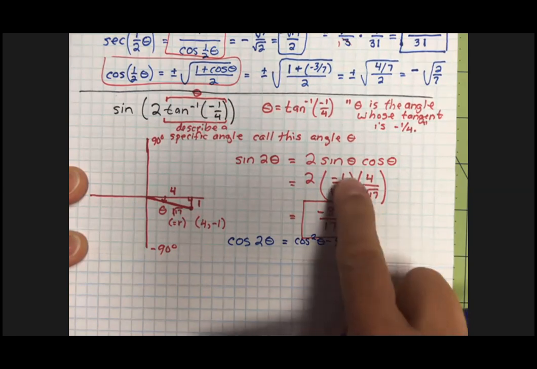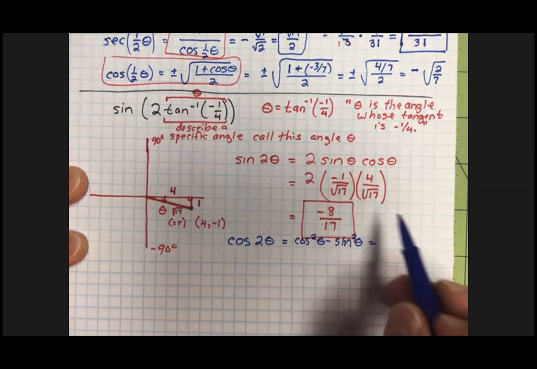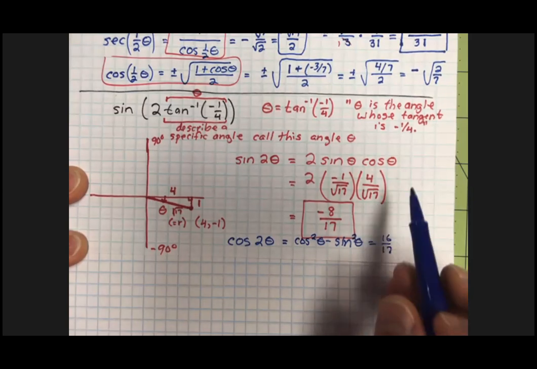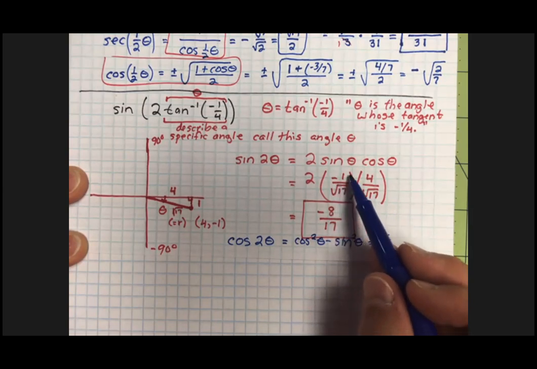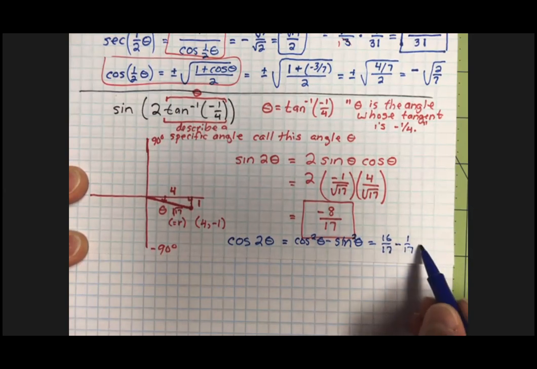And I already worked out the sine and cosine theta right here. So squaring cosine gives me 16 over 17. Squaring sine gives me 1 over 17. And subtracting them gives me positive 15 over 17.